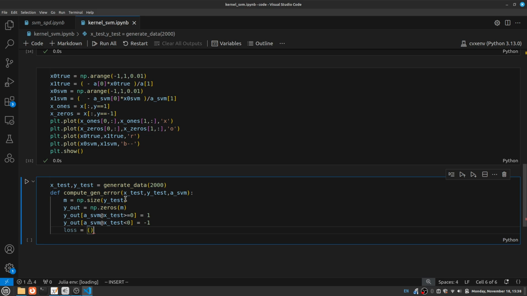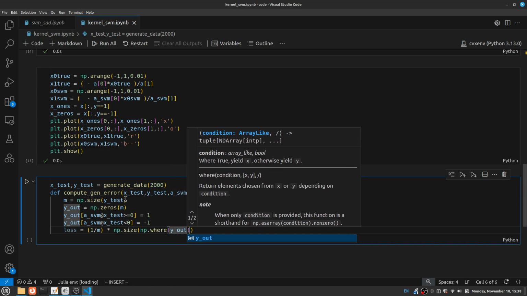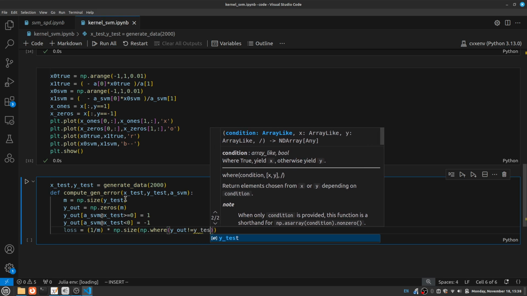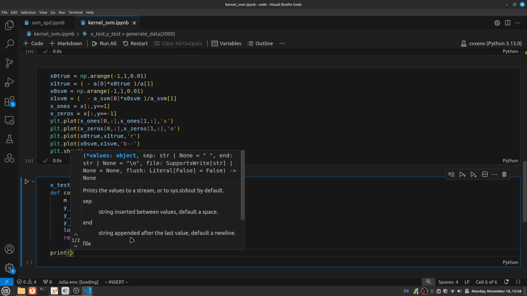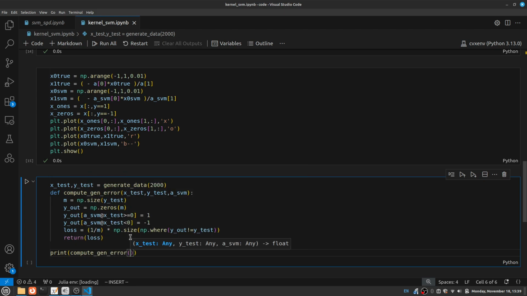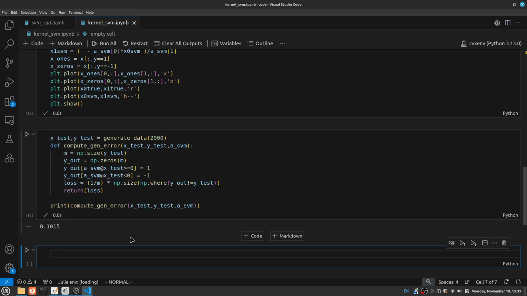And the loss is just 1 over m times the number of points where y_out is not equal to y_test. It achieves a generalization error that is around 0.1.